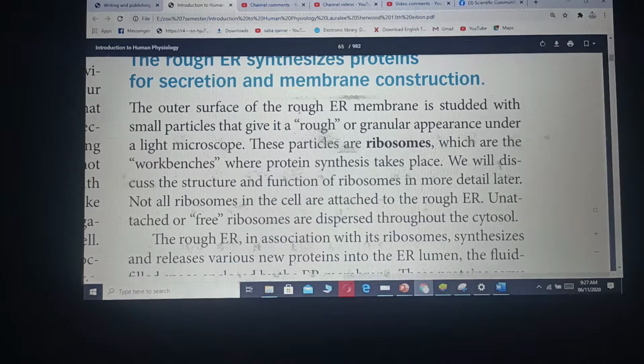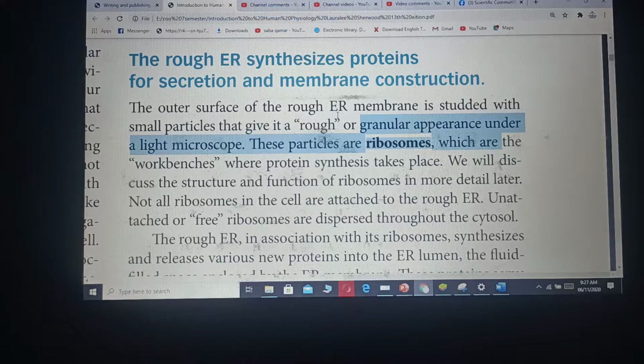The reason is that the outer surface of the rough endoplasmic reticulum is studded with certain small particles that give it a rough or granular appearance. That's why under the microscope it looks like a rough surface. So we can say this endoplasmic reticulum is rough.